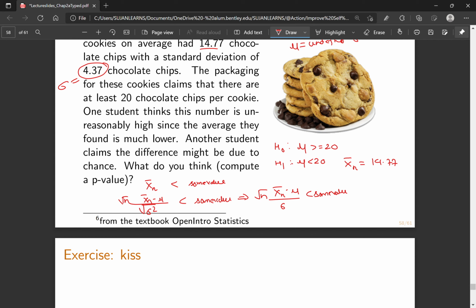And what is this value? This value is q alpha, minus q alpha. Correct? Isn't that right? Yes, it is right.